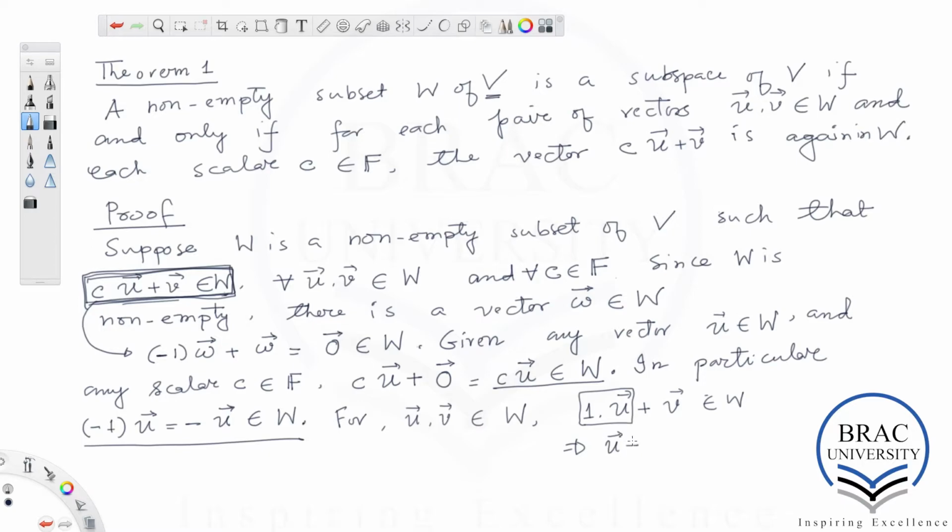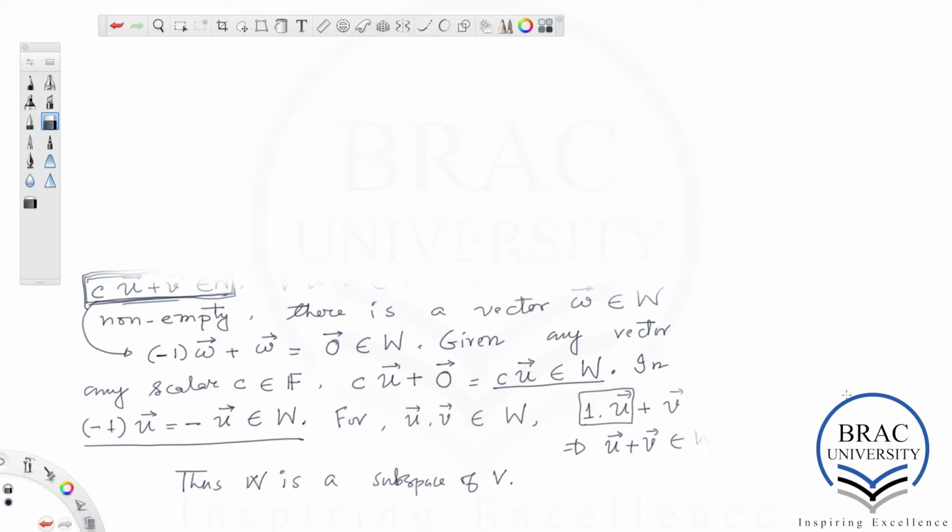So u plus v is again in W, which means that W is closed under vector addition. So we checked all the 4 properties that we discussed earlier, and hence W is a vector subspace. Thus, W is a subspace of V. So this is one direction.